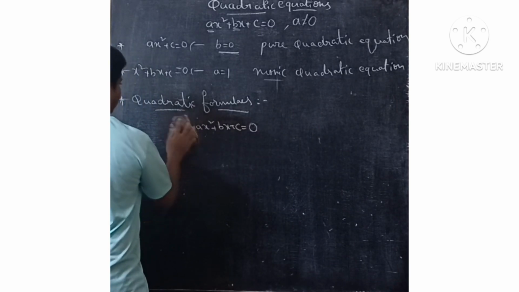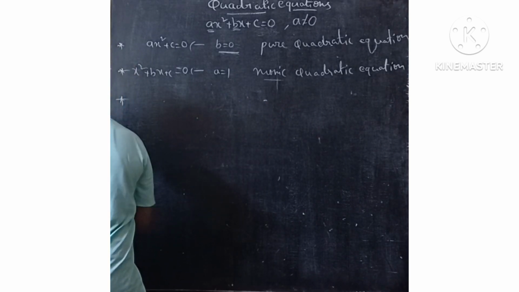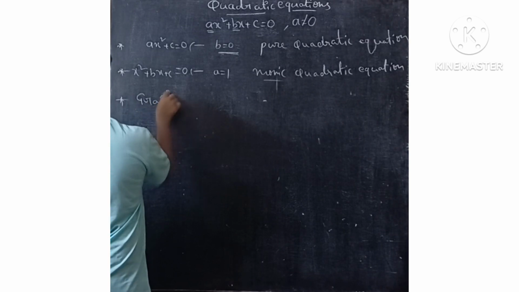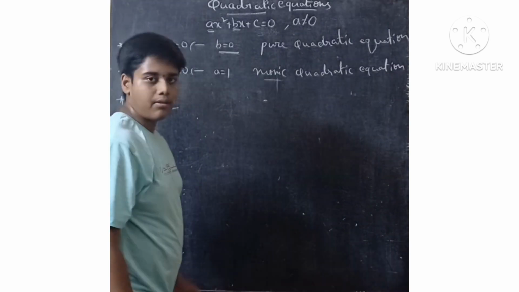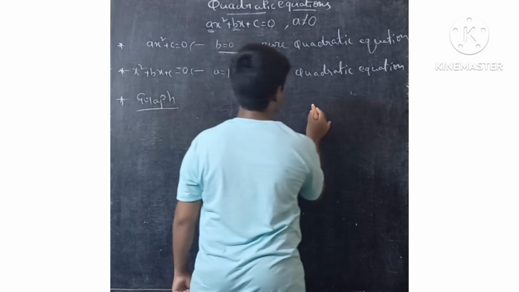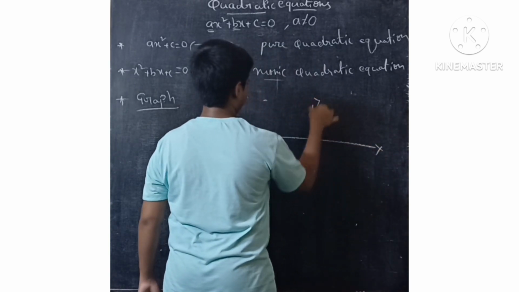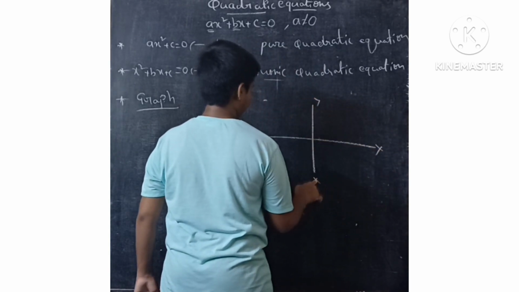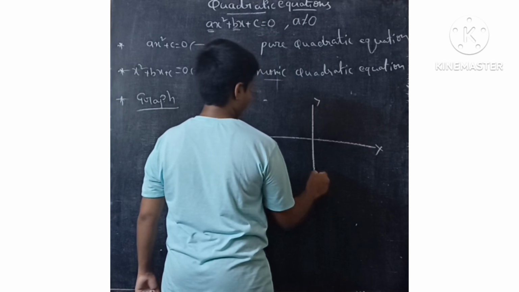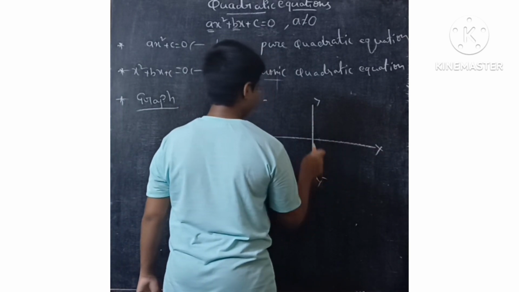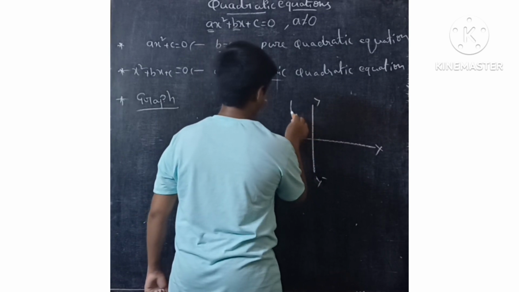How to find the graph? So the quadratic equation graph will be like this. Here this is x-axis, y negative, x negative, and the graph will be like this.